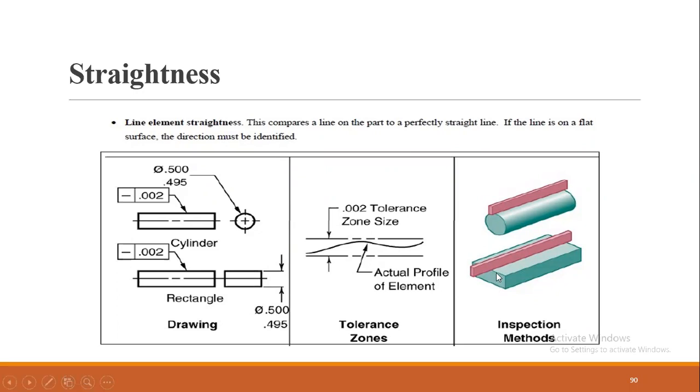Here you will get this pink color line or scale. You place it on the starting point and the end point, and in between you have to touch the maximum points. Then only you will get a straightness.